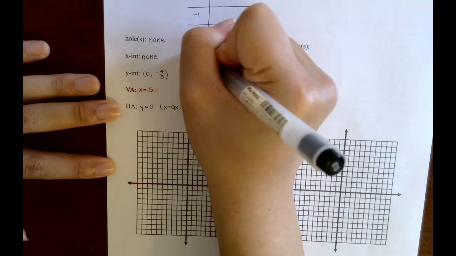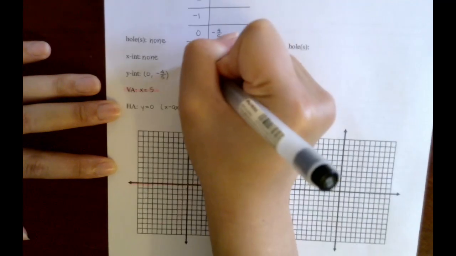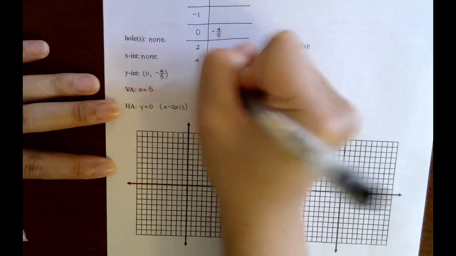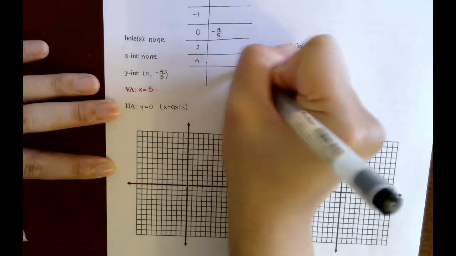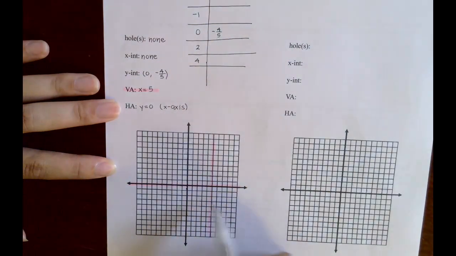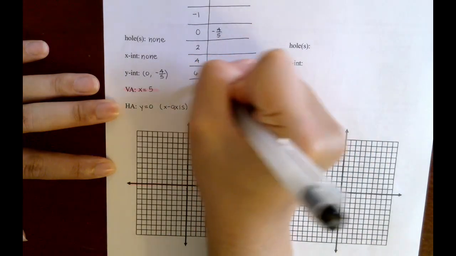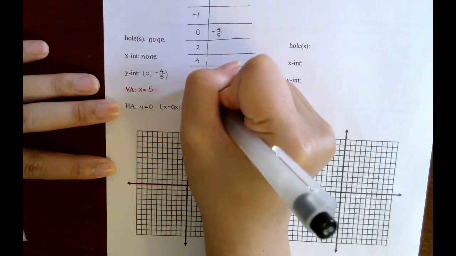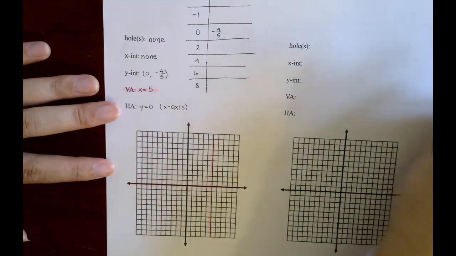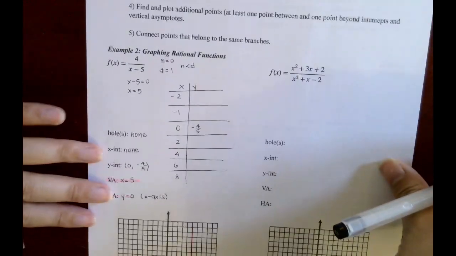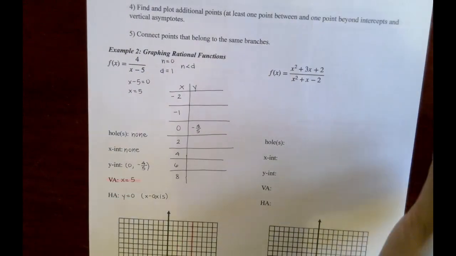So let's skip around a little. Let's do 2 and 4. And then let's do some beyond this asymptote. So let's pick something like 6 and 8. Now I'm just going to plug these in and figure out what this is.